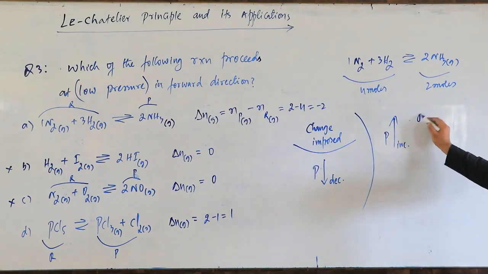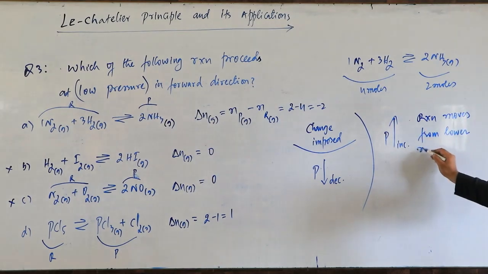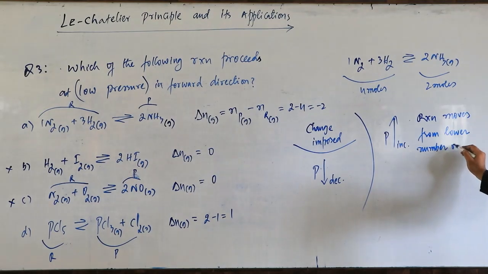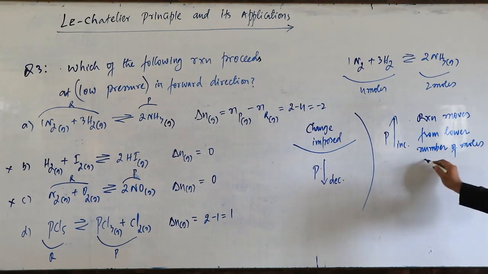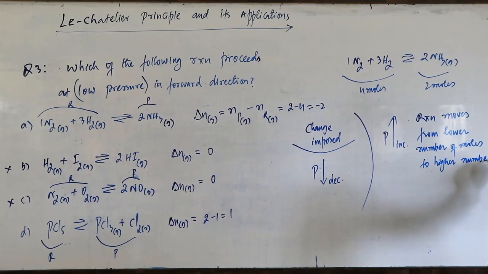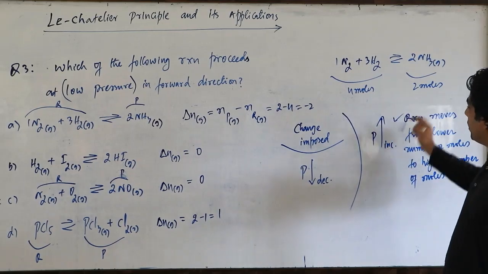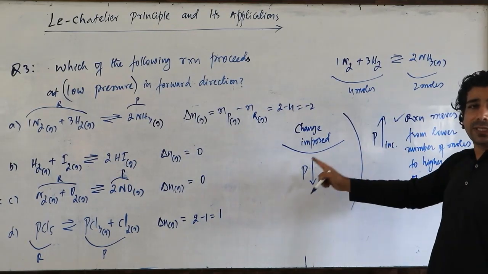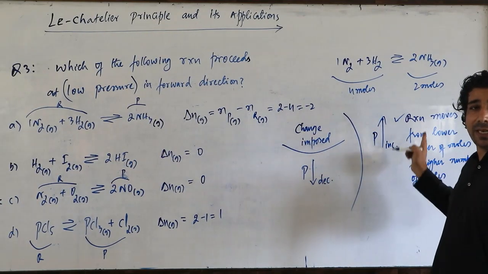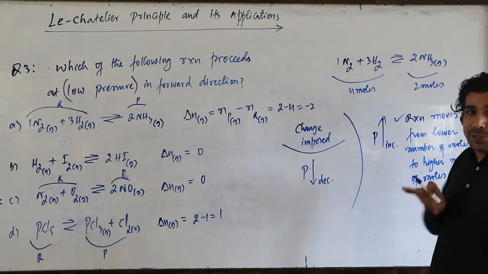So I will write down here, reaction moves from lower number of moles to higher number of moles. So obviously by doing this, the pressure will increase. From outside you are decreasing the pressure, but the chemical reaction which is at equilibrium has to increase the pressure so that the equilibrium will be re-established once again.